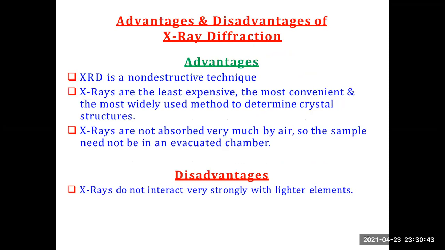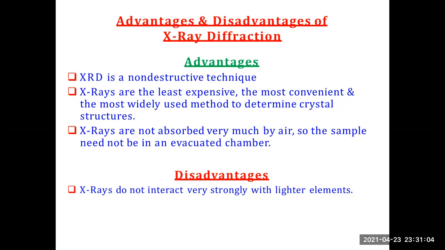X-rays are not absorbed very much by air. Since X-rays have a wavelength on the order of 10 to the power of minus 10 meter, samples need not be kept in an evacuated chamber.